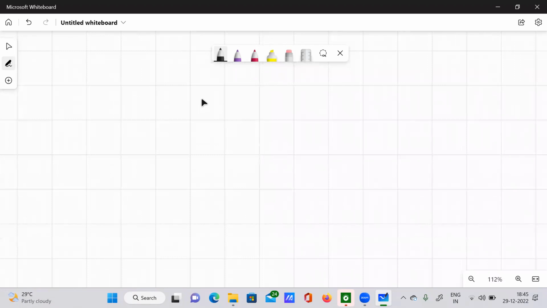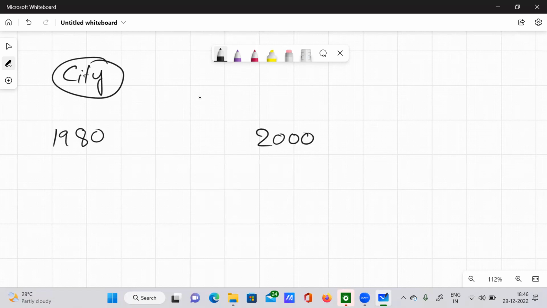So for example, if I have a city, and this city has its own population, right? For example, from 1980 to 2000, this city's population size goes from 1 million.